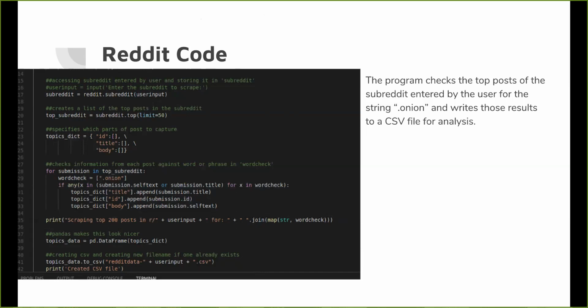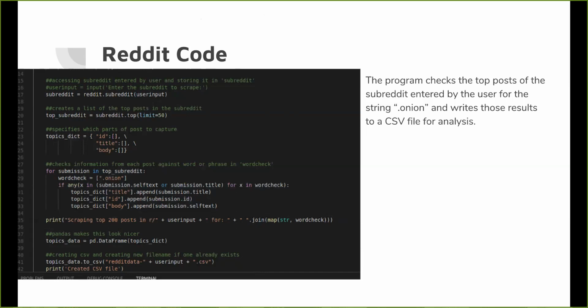For the Reddit piece, what we are doing at the beginning is taking a user input of the subreddit they'd like to search. From that subreddit, we are looking at the user ID, the title, and the body, the information for those three fields from that post.